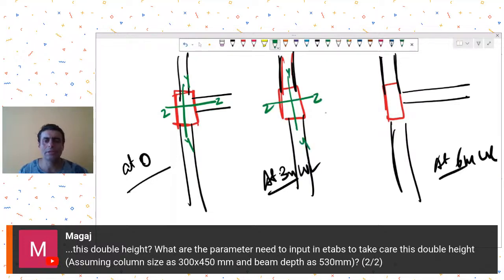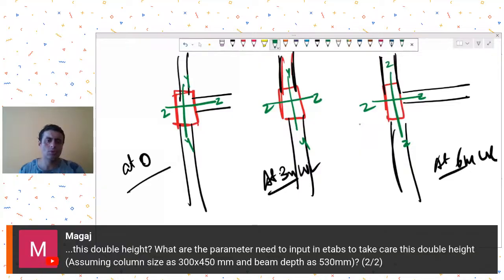So automatically you will see that about the major axis, let's say about ZZ, it is considering the effective length as 3 meters. Of course, it will multiply it by the sway factors and all that, but the length it is considering is 3 meters.